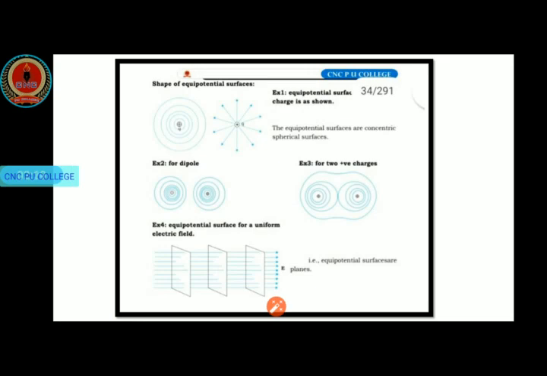Here we are observing the representations of equipotential surfaces for a point charge, for a pair of like charges, for unlike charges, and for a uniform electric field. First, let us try to understand the concept in detail.